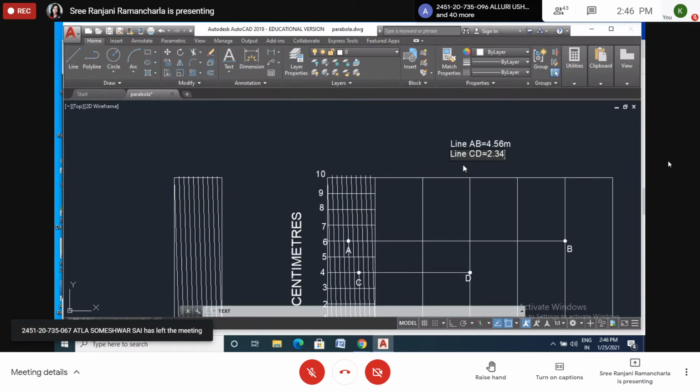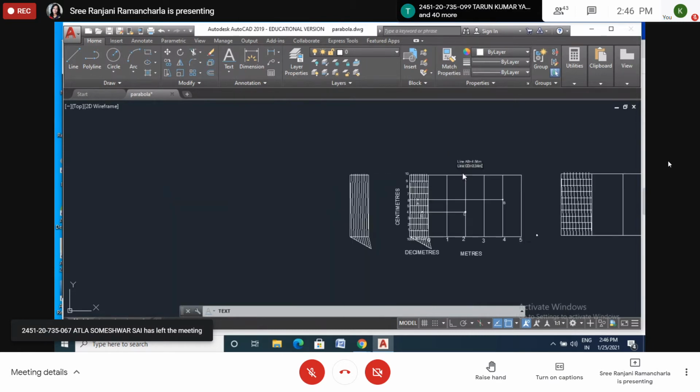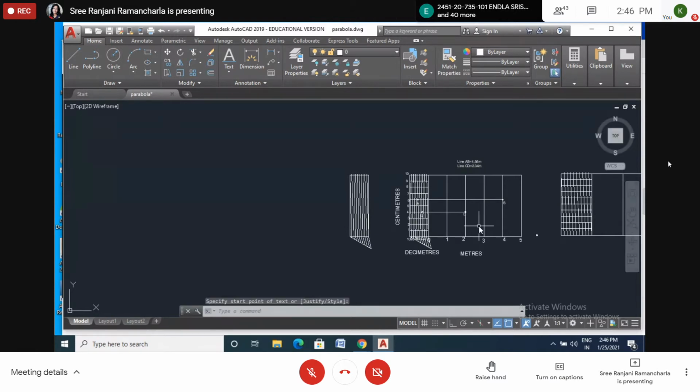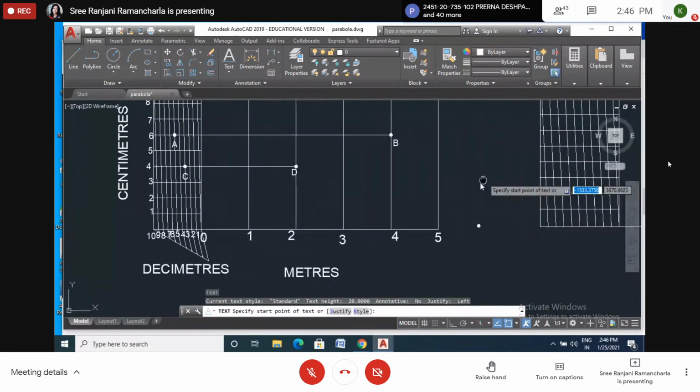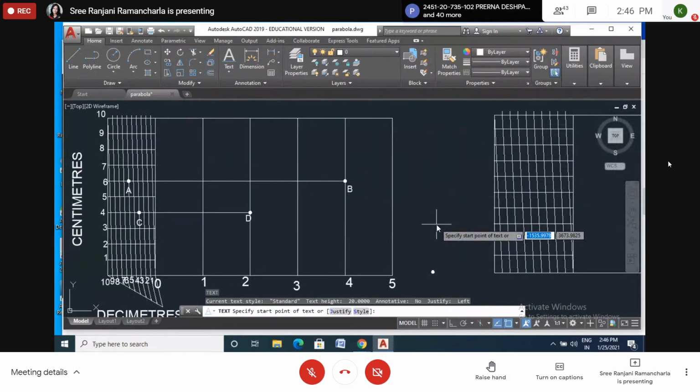What is it? It's 2.34. So this is the full figure. Have all of you understood? Diagonal scale? Yes, please. Yes, ma'am.